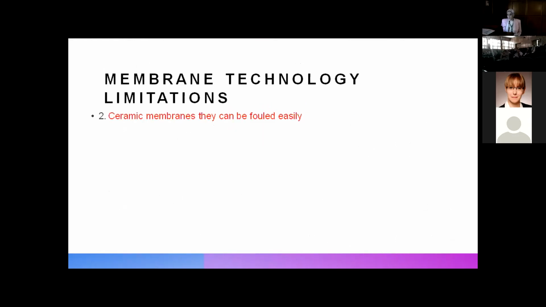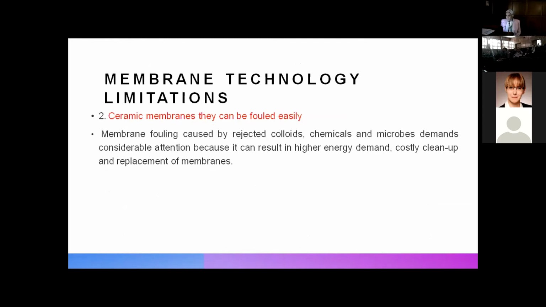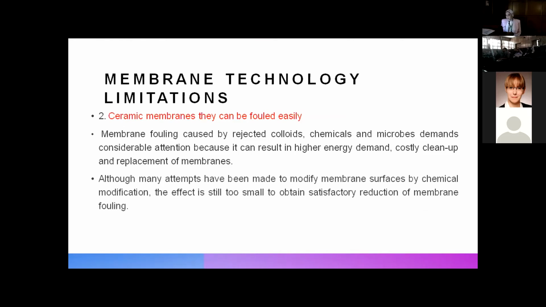The second limitation, which can be decreased by using nanomaterials, is fouling. Ceramic membranes can be fouled easily due to chemicals or microbes. So this limitation needs considerable attention because it can result in higher energy demand and costly cleanup.